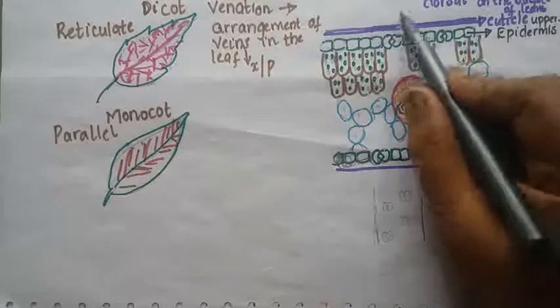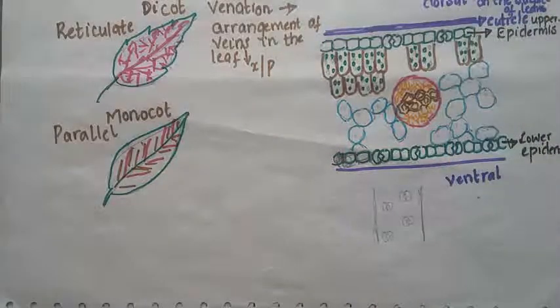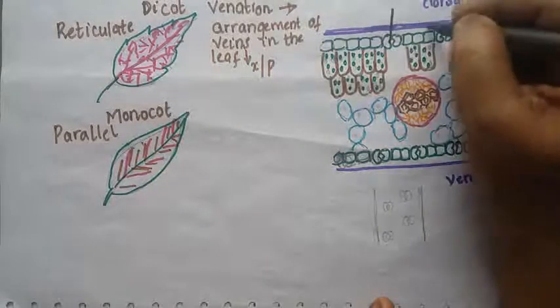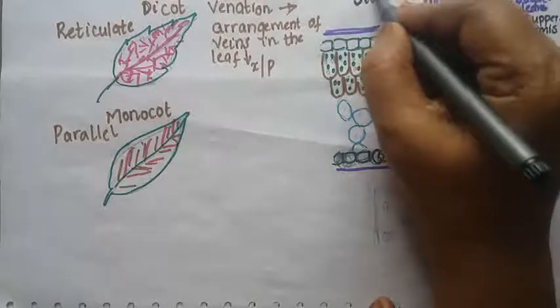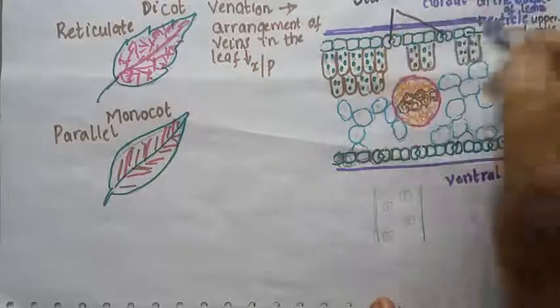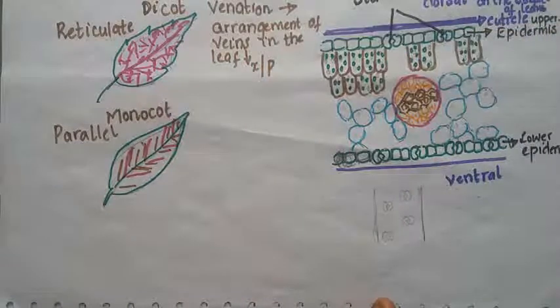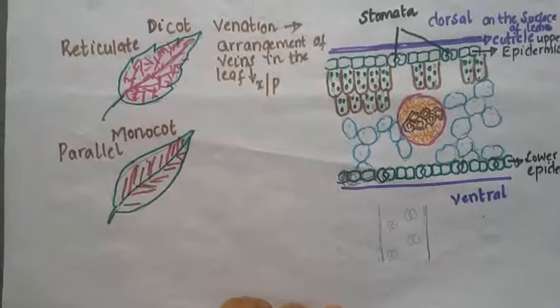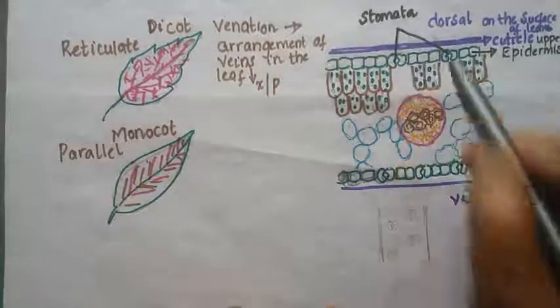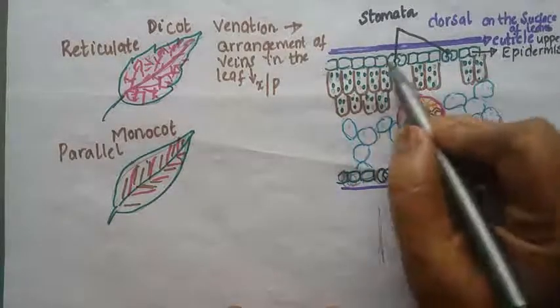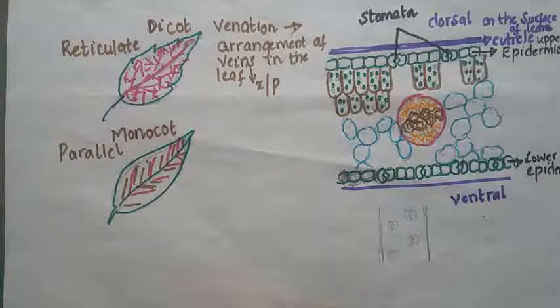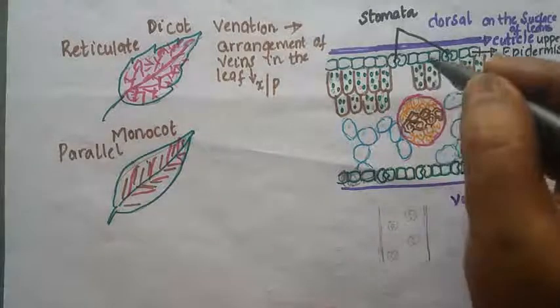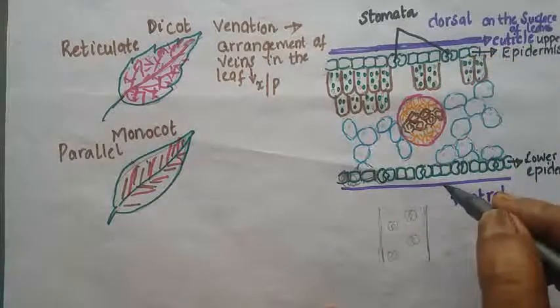In between the epidermal cells, we find the stomata. We find the stomata in between the epidermal cells. So, if they ask you the location of the stomata, what is the location of the stomata? It is found in between the epidermal cells, or you can say in the upper epidermis or in the lower epidermis.